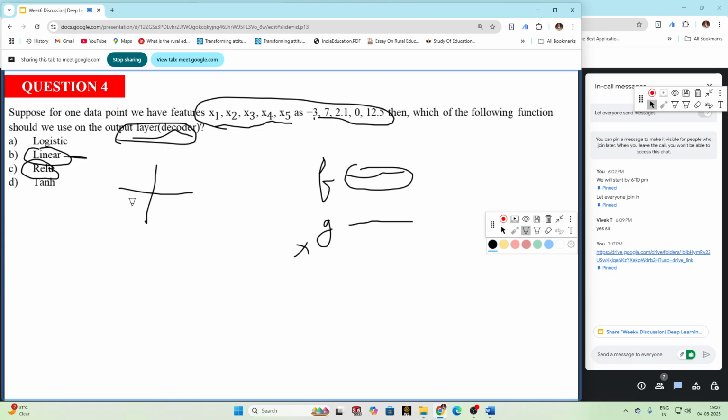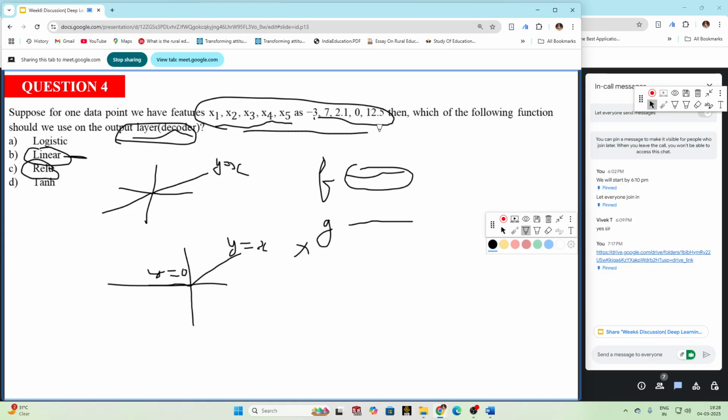Relu and linear are kind of same. What is the linear function? Linear is y equals x. What is relu, or rectified linear unit? That is y equals x provided that x is greater than 0, but when x is less than 0, y equals 0.